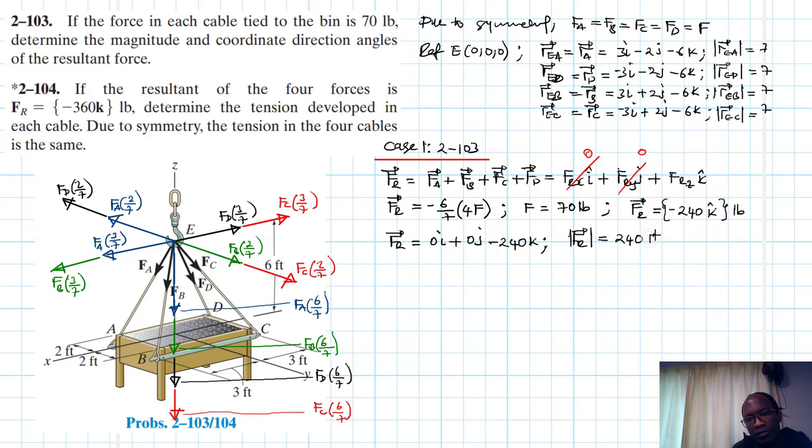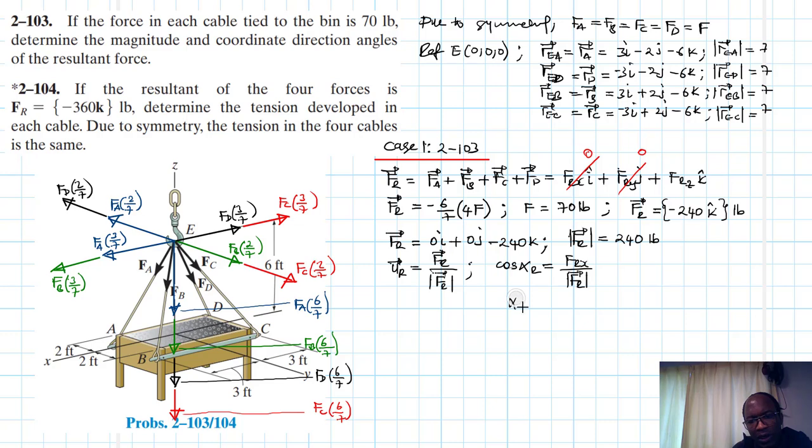240 pounds. Then we know that the unit vector FR is just going to be equal to the force vector itself divided by the magnitude, right? Then we know that cos alpha R will just be equal to FRX divided by the magnitude of the resultant.